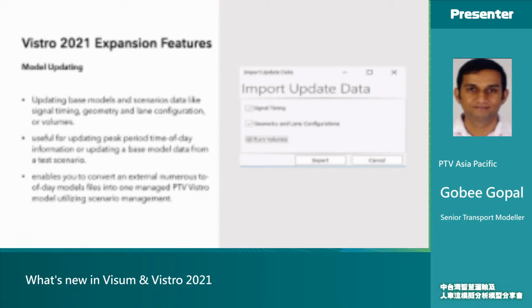Model updating covers the base model and scenario data like signal timing, geometry, lane configuration or volume, useful for updating peak period and time-of-day information. Updating base model data from a test scenario enables you to convert external time-of-day model files into one managed PTV Bistro model utilizing scenario management.